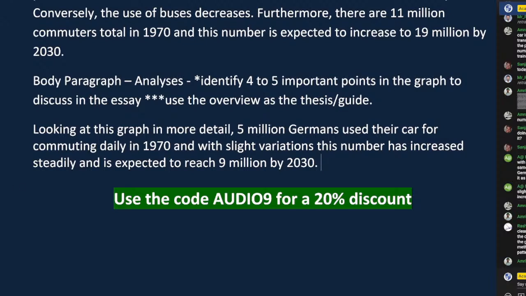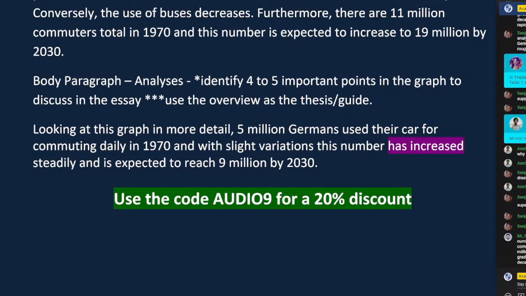And if you do get this type of line graph where you have the past, the present, and the future, you have to be really careful. Notice how here I'm using the present perfect to show that continuum over time. So starting in the past, into the present, and into the future as well, right? Okay. All right.